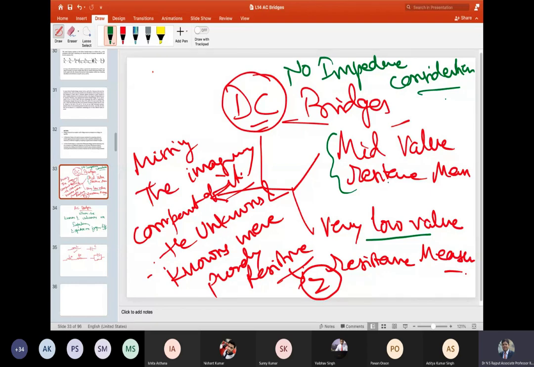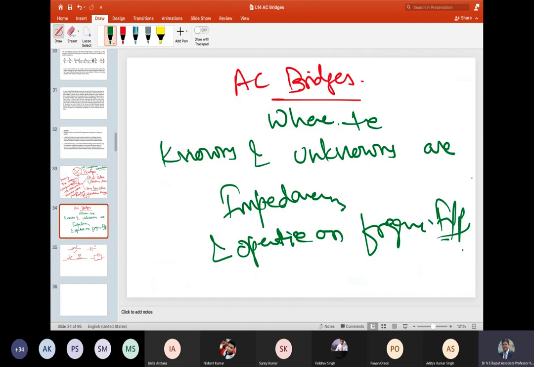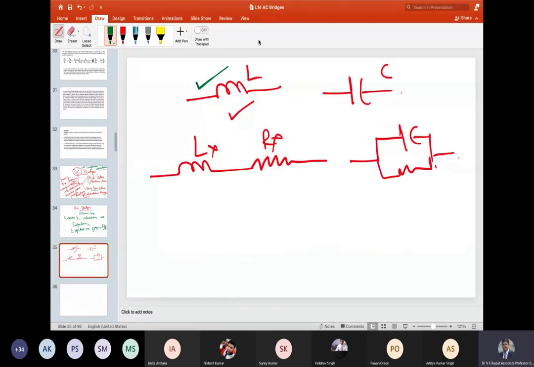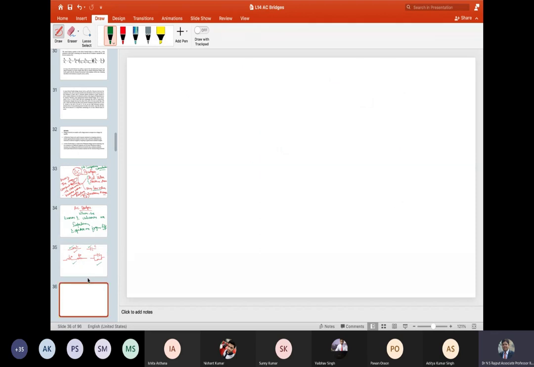So there was no question of impedance consideration. In case of AC bridges, now we feed alternating frequency, and because of which impedances come into the picture. And since impedances are there, we can work with unknown inductance, unknown capacitance, lossy inductance, lossy capacitors, right? So this is a rather more practical situation where we want to work.